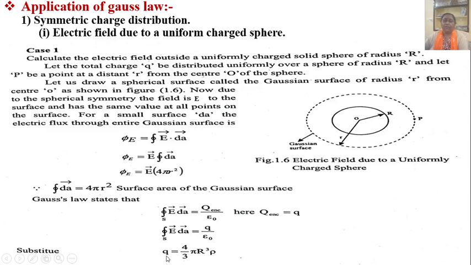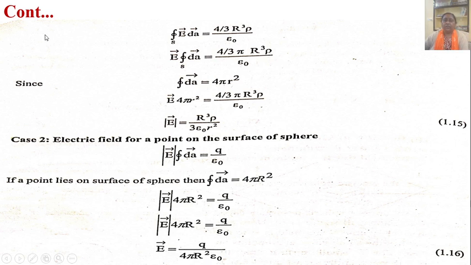Now, putting the value of Q equal to 4 by 3 pi r cube into rho, we get closed integral over surface S of E into dA equal to 4 by 3 pi r cube into rho upon epsilon 0.